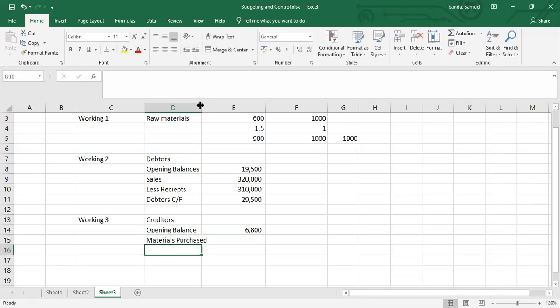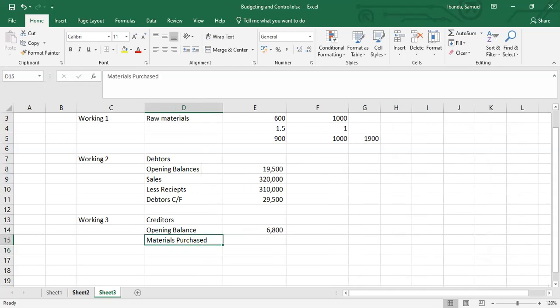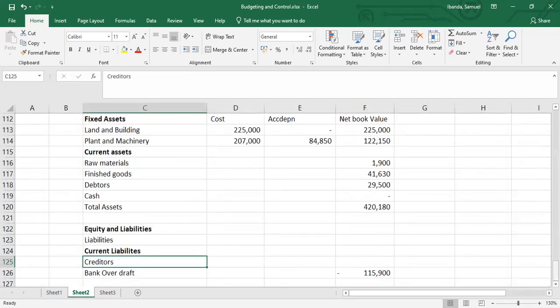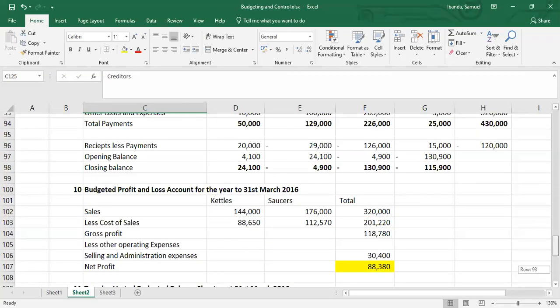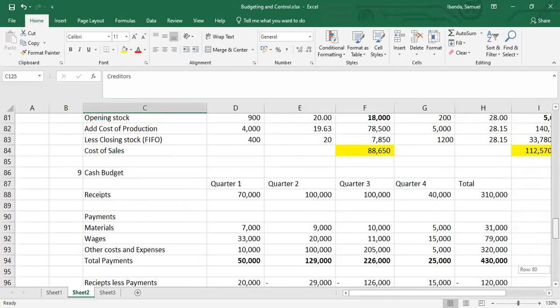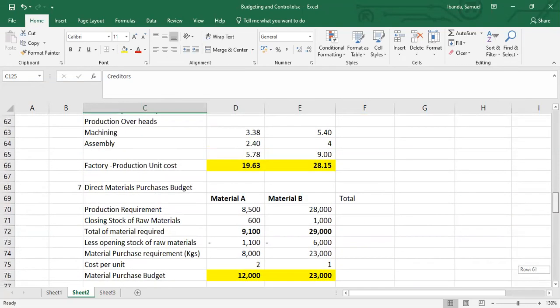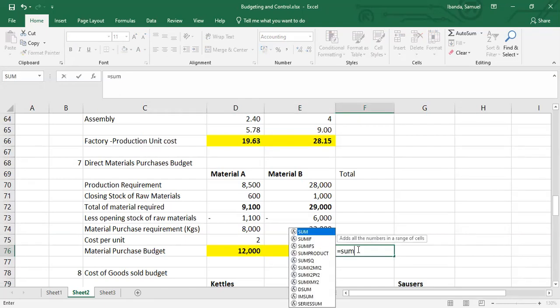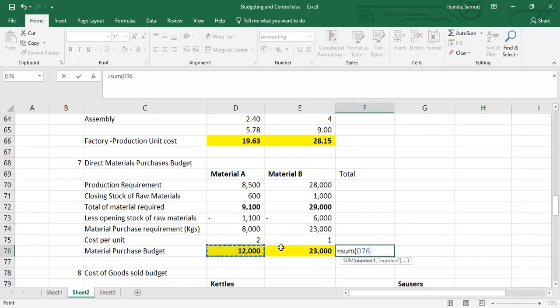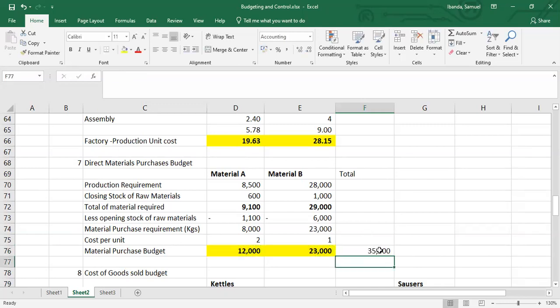Remember, we have either material purchased or material to be purchased, because this is a budget. So we have what we call the material purchase budget. In total, we plan to purchase over 35.